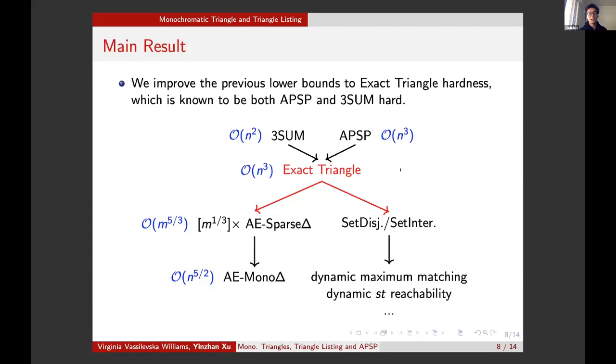So now with our new reduction, all these problems at the bottom, including all-edges monochromatic triangle, dynamic maximum matching, and dynamic s-t reachability, are not only 3SUM-hard, but they automatically get APSP hardness as well. And this is our first set of results.